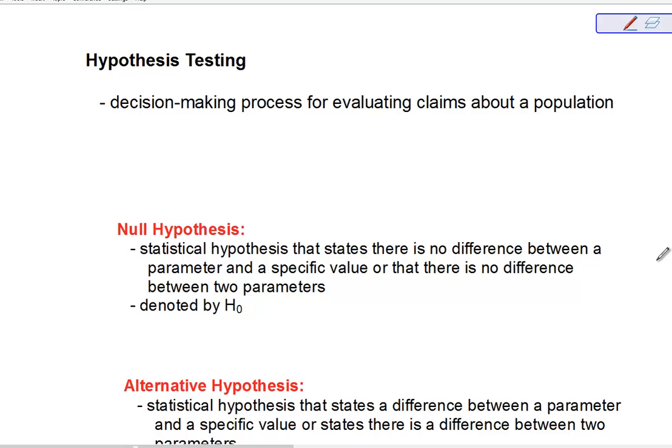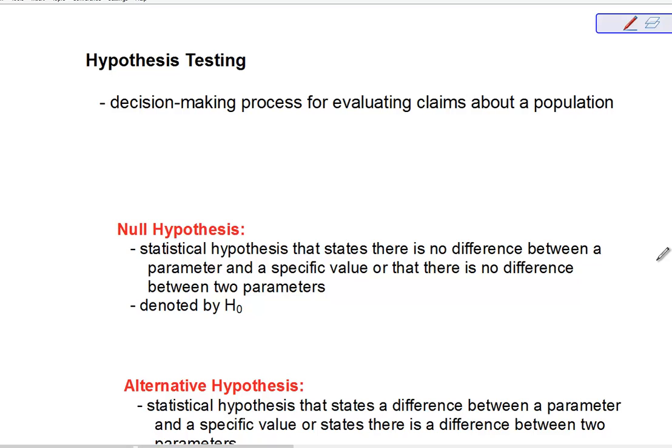In all of our other videos, we have been talking about how to describe information that we're given, whether it be graphically or with probabilities or even with our confidence intervals. What we're going to start discussing now is what we call hypothesis testing.